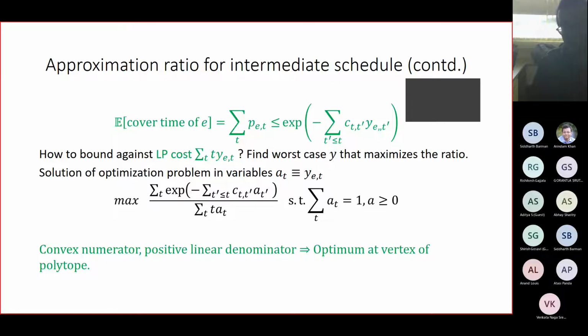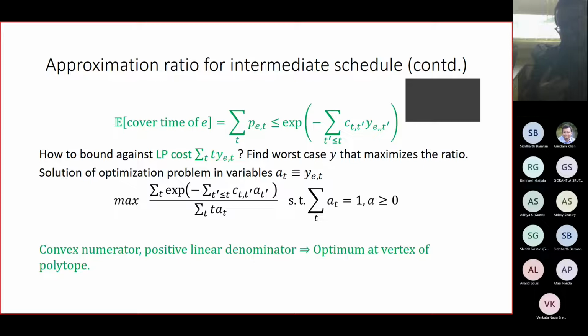So any questions about this idea of using this nonlinear convex program to find the ratio? Notice that we're not actually going to solve this program anywhere. This is all for analysis. So we'll be trying to find the worst possible setting of our LP variables, which will maximize the approximation ratio of our algorithm.